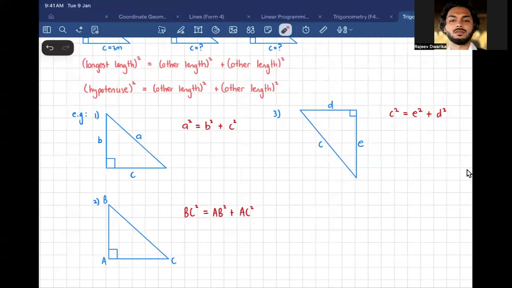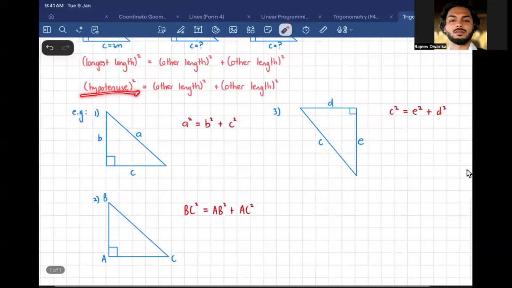As you will see in examples 1, 2, and 3, the hypotenuse is changing: this one was labeled A, this one will be called BC, this one will be C. The label is changing. So that's why I advise you to remember this: the hypotenuse squared equals the other length squared plus the other length squared. Remember that and you'll be fine.